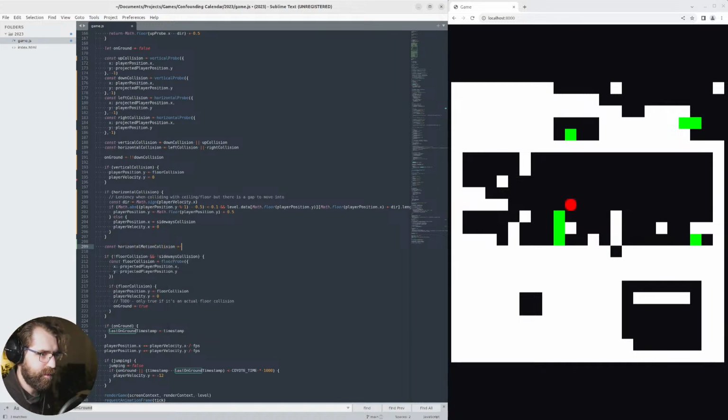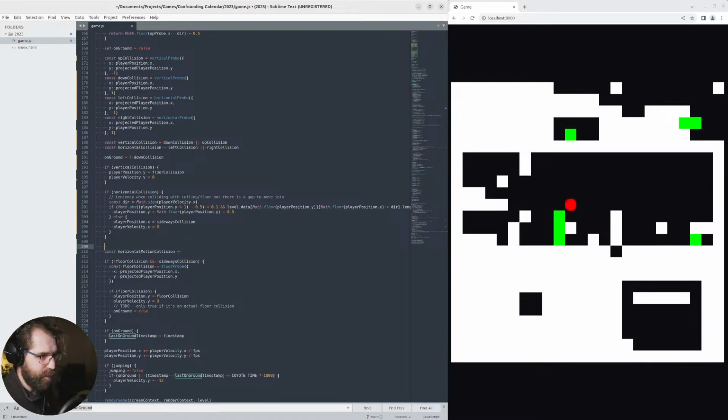So this is going to be the collision that is horizontal in the direction that I'm moving. Well, first of all, we should only do any of this if we're moving in both directions. So if player velocity x is not 0 and player velocity y is not 0, because that's the only time this stuff is relevant.